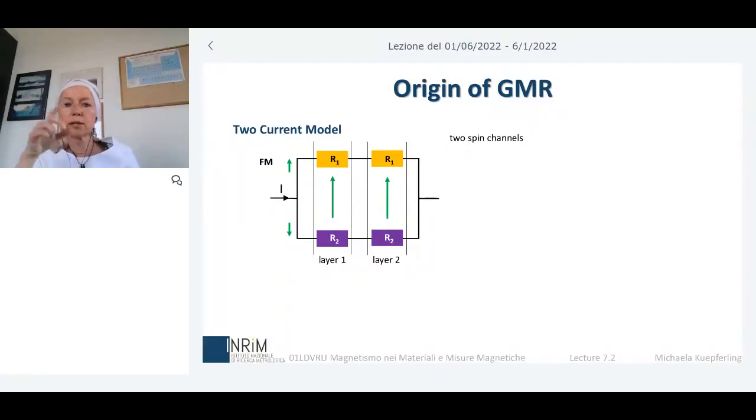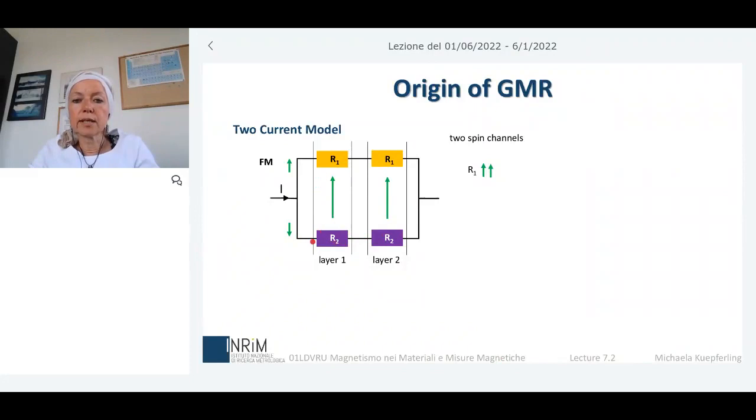So we consider the two spin channels as a parallel, an electrical parallel, simple. And we have a spin up and spin down. If you consider here your two layers with a parallel configuration, and we have these two types of resistances.